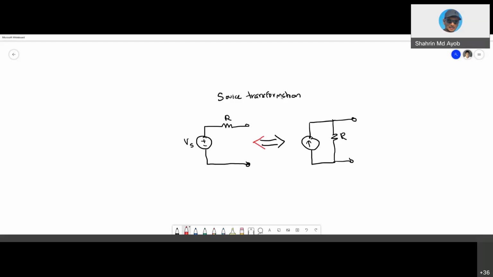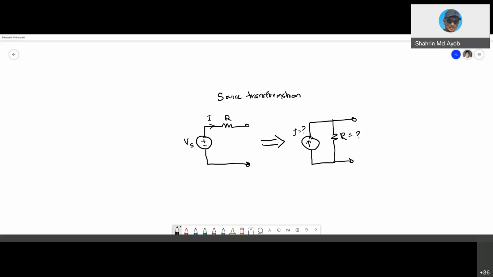How can I transform this voltage source with the resistor into this current source and a resistor? What is the value of the current source, and what is the value of the resistor? The value of the current source equals the current that flows inside the circuit.